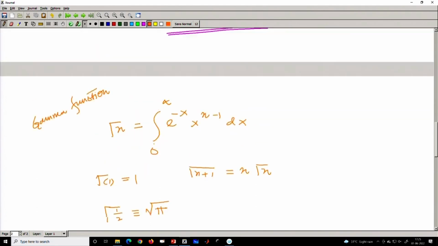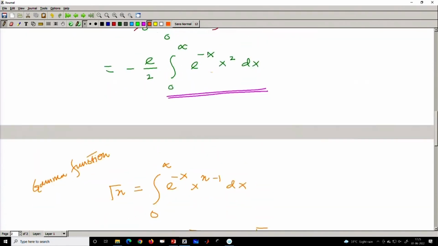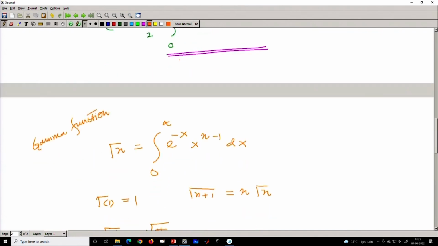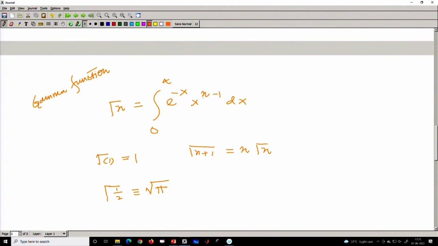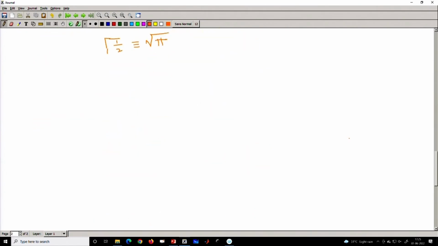Here, if I tally the integral of e to the power minus x, x square dx from 0 to infinity with this definition, then the value of n is 3. So eventually q is simply minus e divided by 2 times gamma of 3.